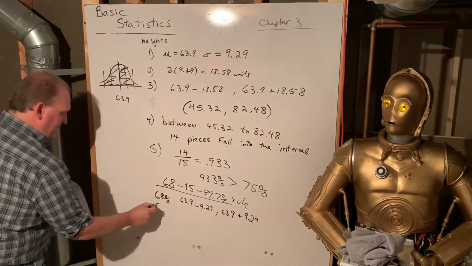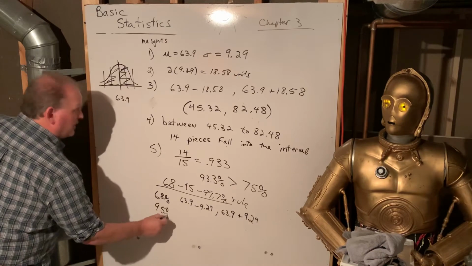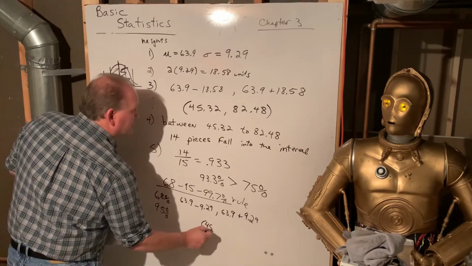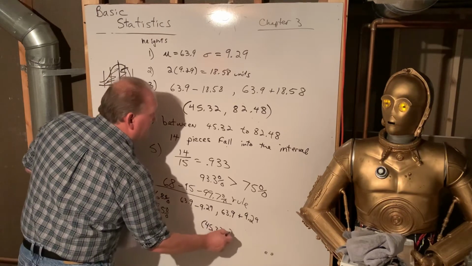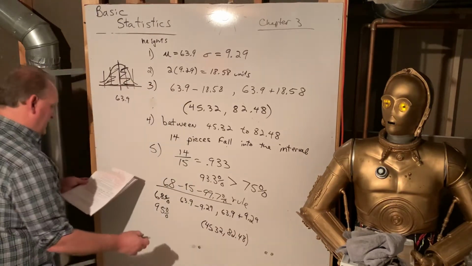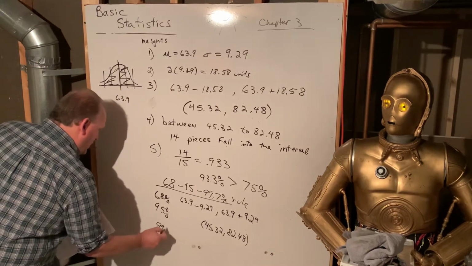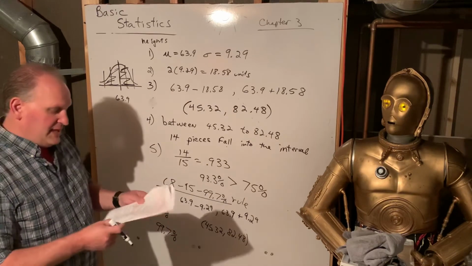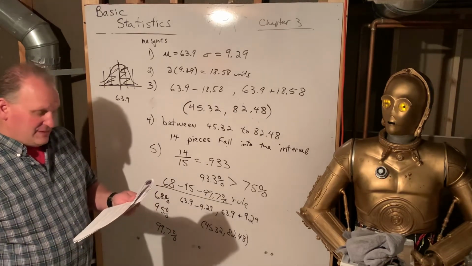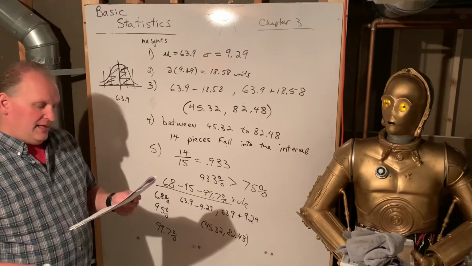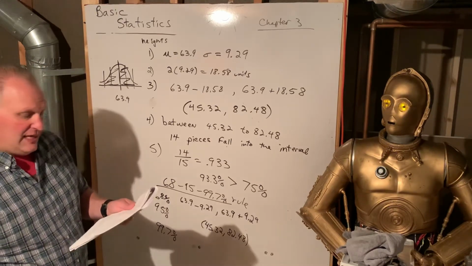That's 95%. It's supposed to fall into that. So we did that one already. It's 45.32 and 82.48. And then the last one, the 99.7, that should capture almost all the data. That would be 3 times the 9.29 subtracted, and 3 times the 9.29 added.